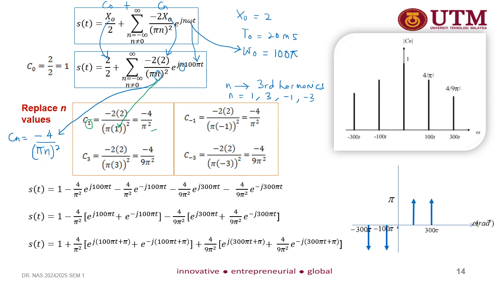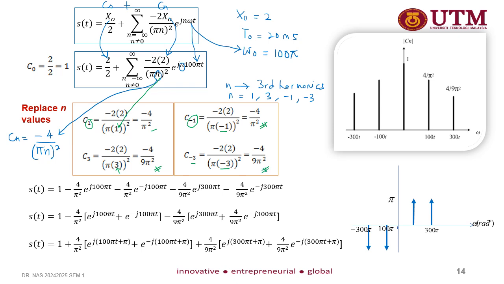Then go for n equal to -1, so you get this for C-1. Next, C+3, replace n with +3, so you get this equation. And for n equal to -3, replace n with -3, so you get this equation.